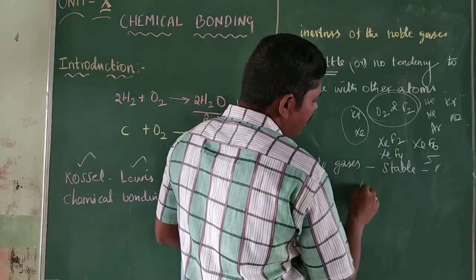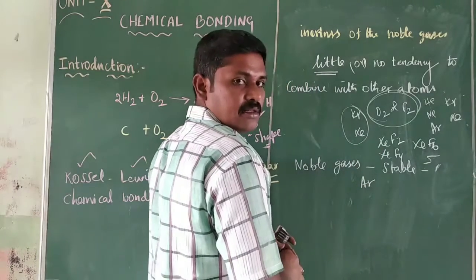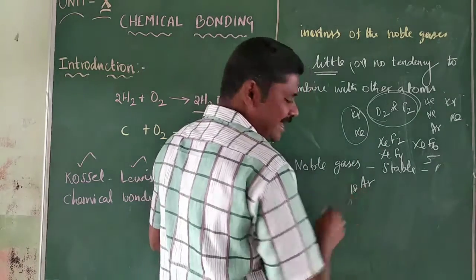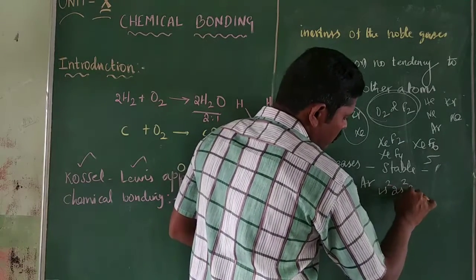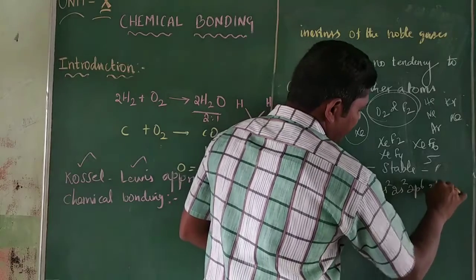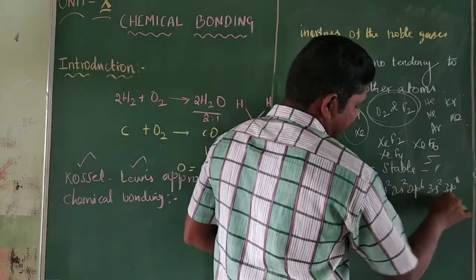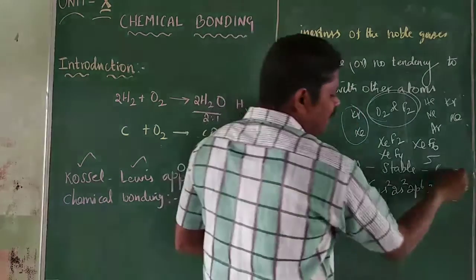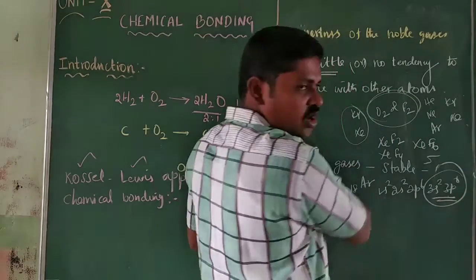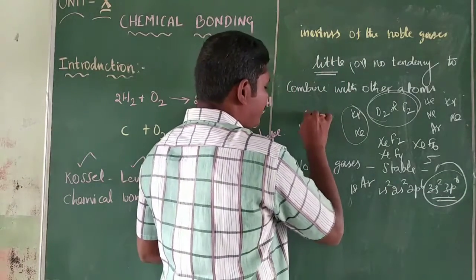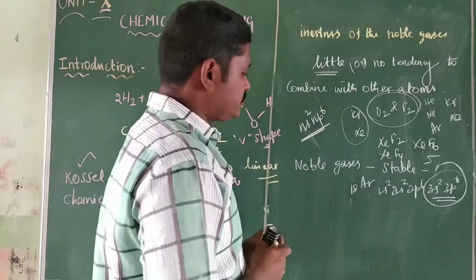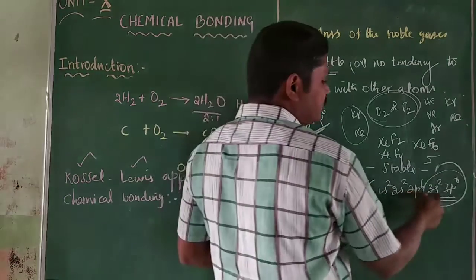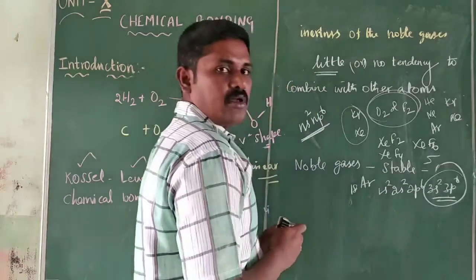For example, argon, atomic number 18: 1s2, 2s2, 2p6, 3s2, 3p6. The completely filled outermost configuration has the common formula ns2 np6; in argon, 3s2 3p6.